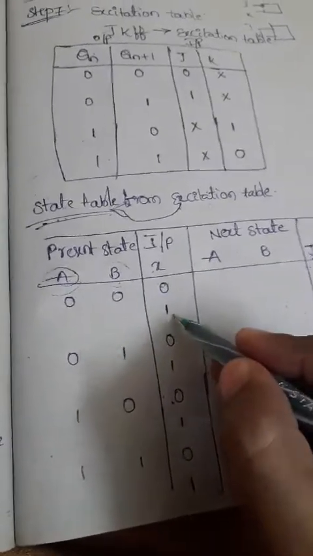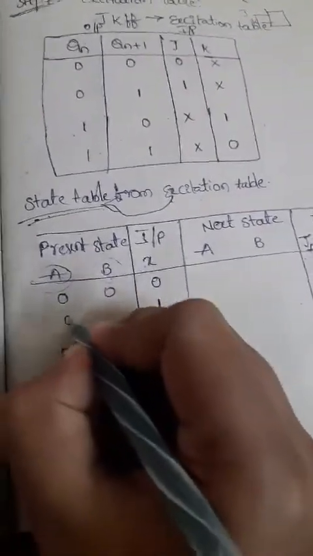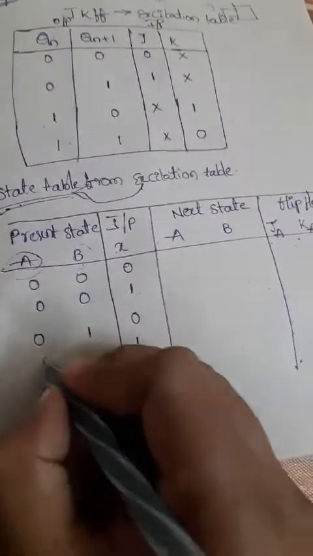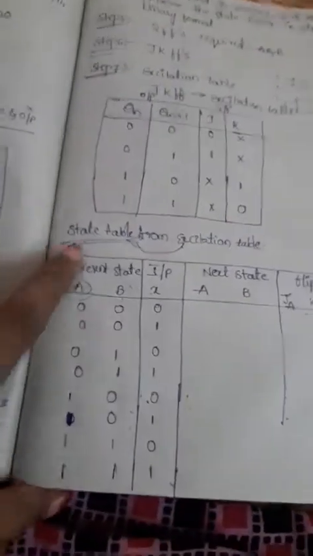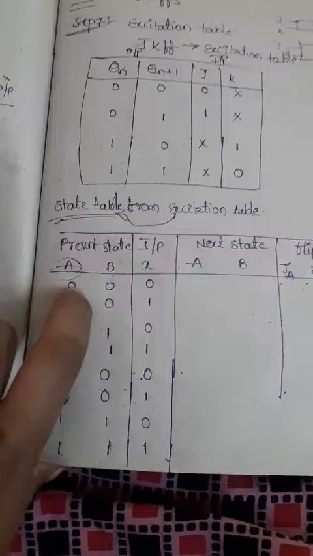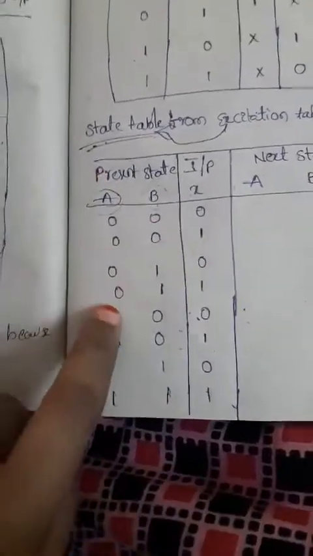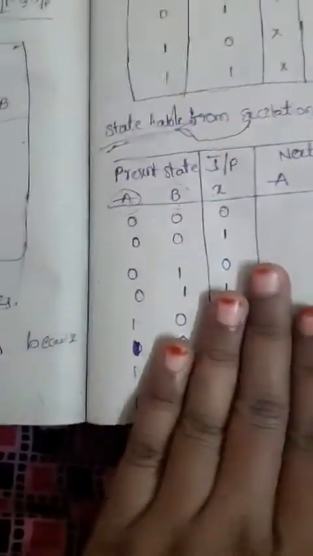For x equals 0 and x equals 1 we get 2 possibilities, so for the second possibility we write the same condition. Totally the present state has 2 variables A, B, and the input is single, so it is raised to 2 conditions and then 4 conditions. For each case we have to mention the variables.